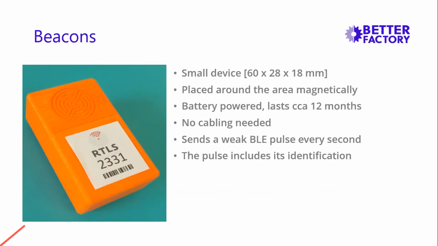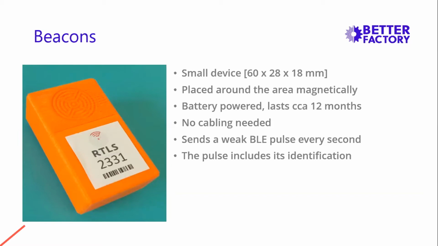The reason for this being, with batteries, you have to change them every year, but what you get for that is that you save on all the cabling. This means that when you're installing these little things inside of the factory, you are very fast. You don't need to approve any cables. You don't need to connect it anyhow. You don't need to plan it even. They are just attached to the existing equipment.